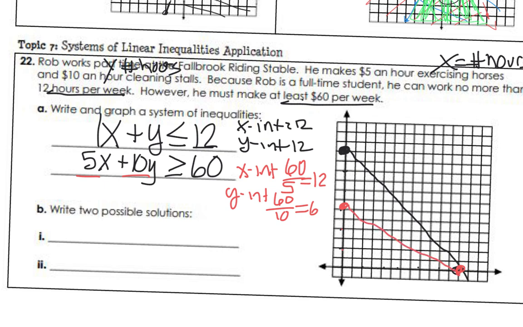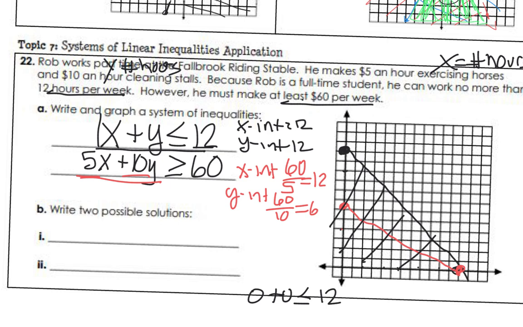All right, so let's look back up at my first one. Let's use the test point 0, 0. Like I said, if it's not on the line, I'm going to use 0, 0. So 0 plus 0 is less than or equal to 12. Yes, it is. So that means everything this way is a solution for that line.